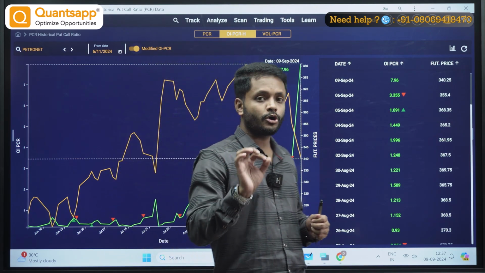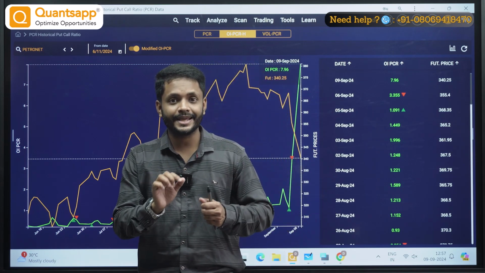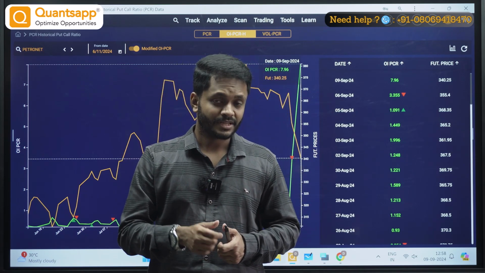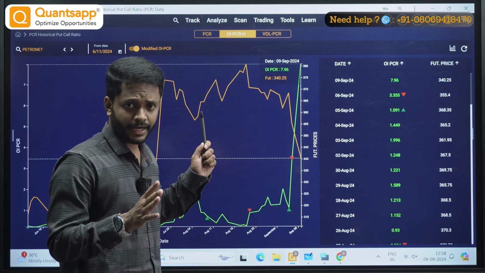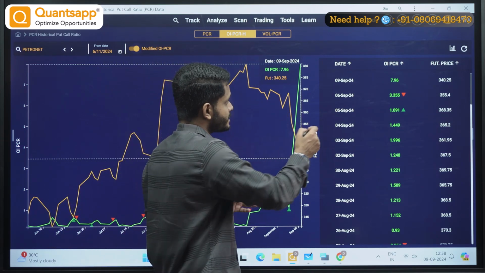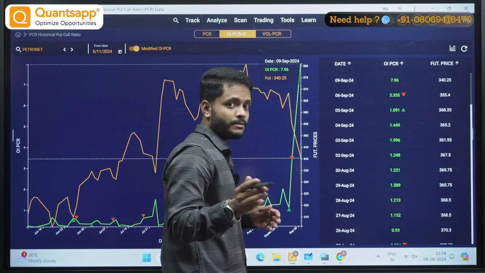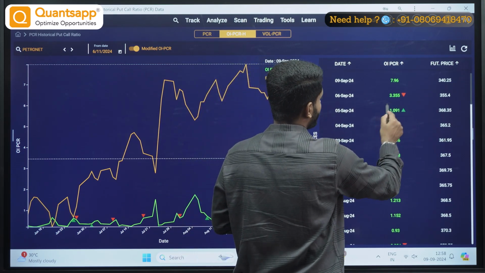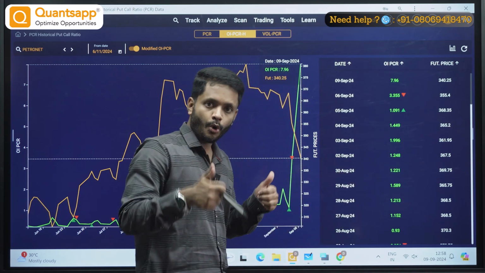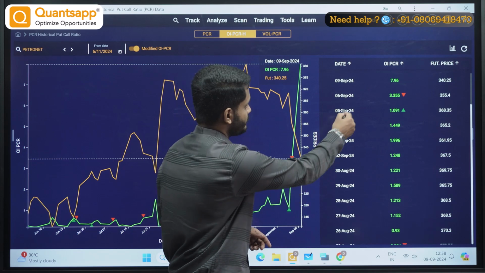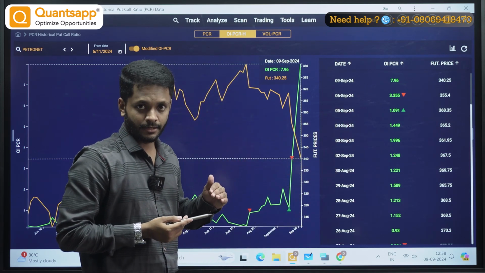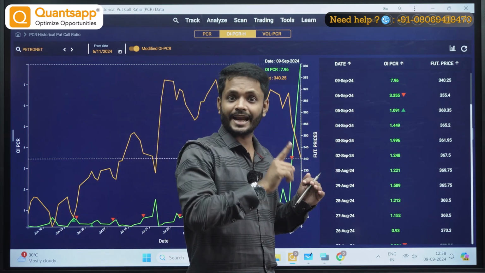Any signal 1 or 2 days prior to the trap indicator is accepted. Say for example, on 6th September I received a put writer trap on Petronet. Instead of the 6th September, say I received a red triangle on 5th or 4th, okay, I can go with it. But make sure you are receiving 1 or 2 days prior signals as compared to the trap indicator.